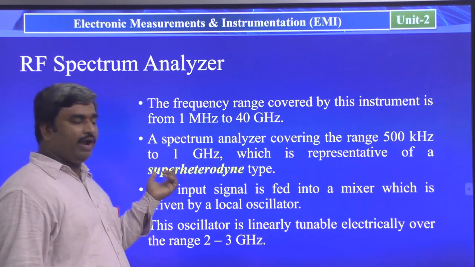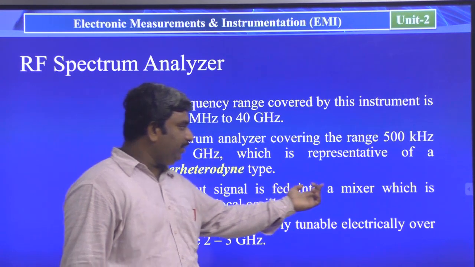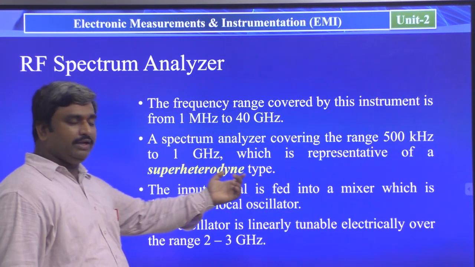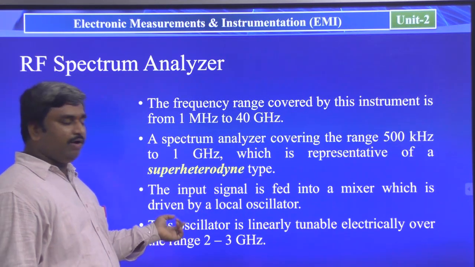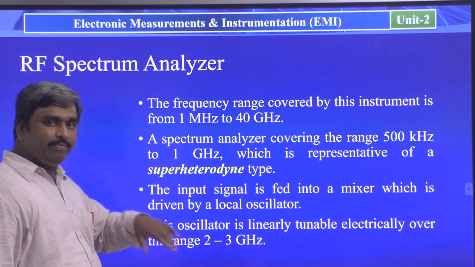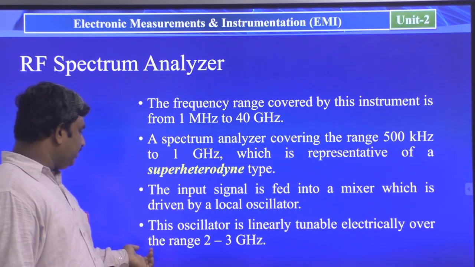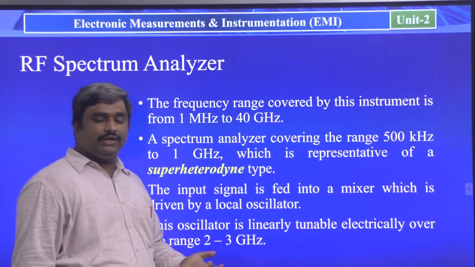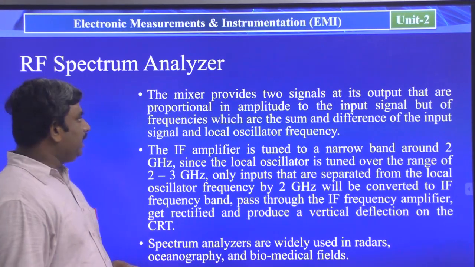The input signal is fed into a mixer which is driven by a local oscillator. This oscillator is linearly tunable electrically over the range of 2 to 3 GHz. Electrically, we can vary the frequency from 2 to 3 GHz.